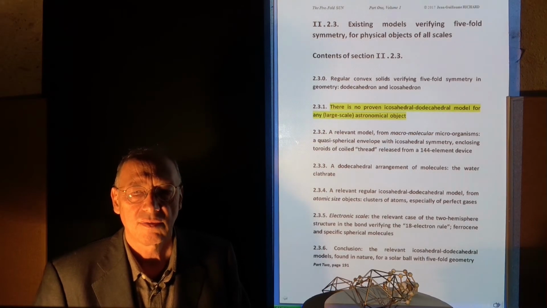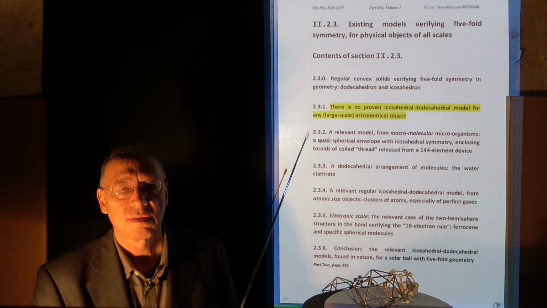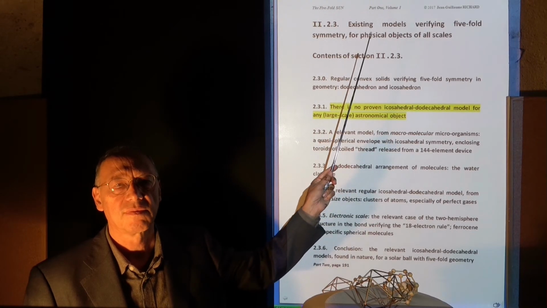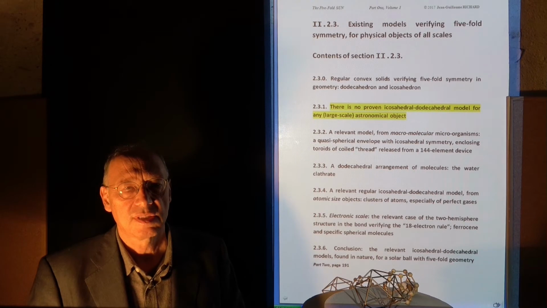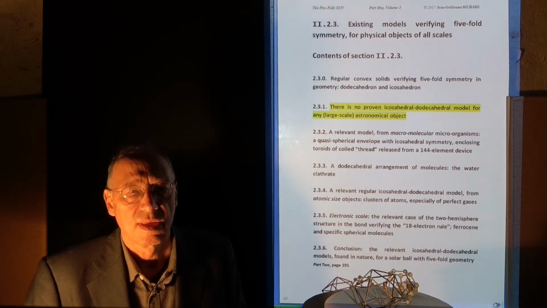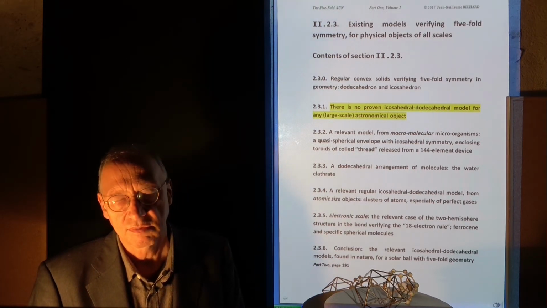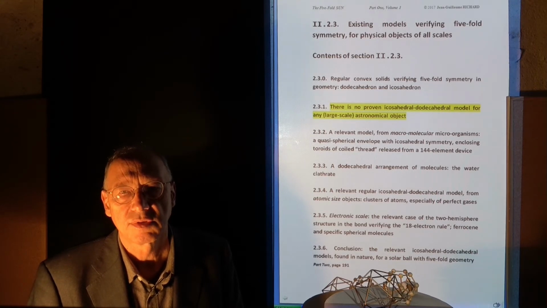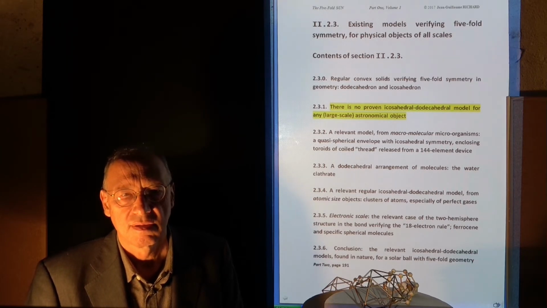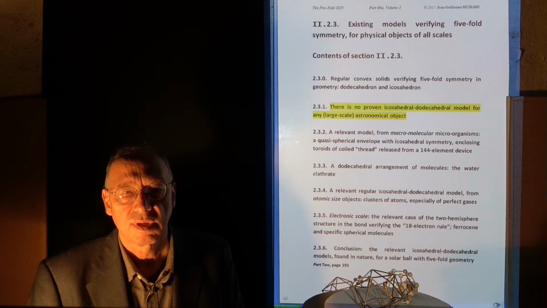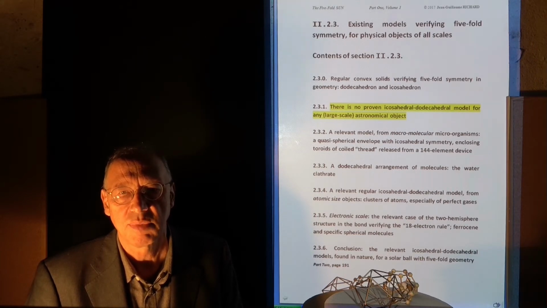We can now have a look into the natural world in a search for physical objects that might be verifying fivefold symmetry, which would be examples of natural things that are akin to a fivefold spheroid, as we assume that the Sun itself might be.